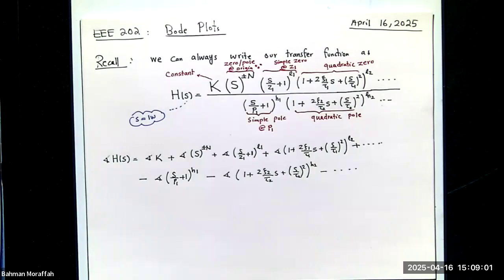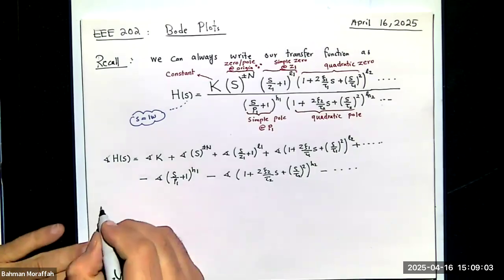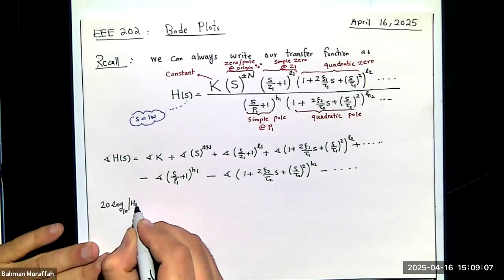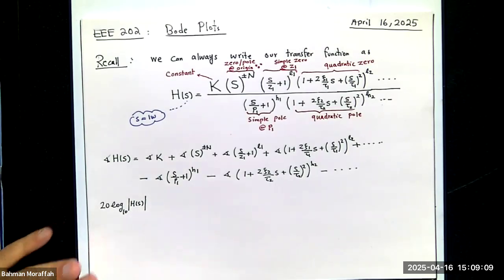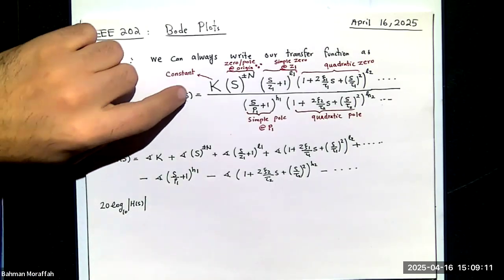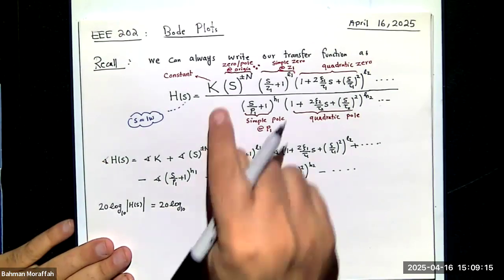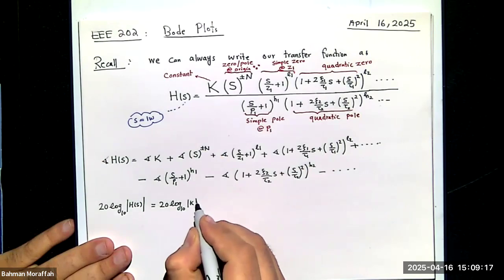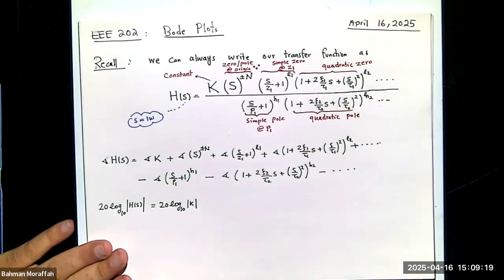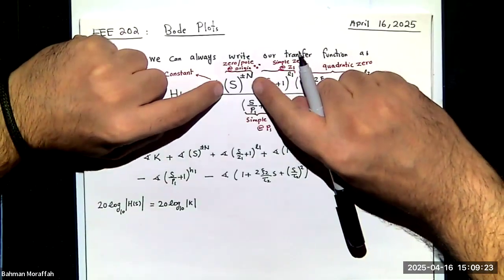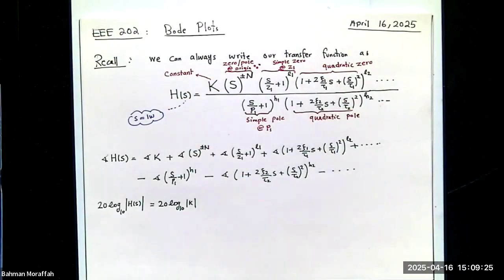So I can find 20 times log 10 of the magnitude of H of S, which is going to be 20 times log 10 of the magnitude of this K, plus 20 times log 10 of the magnitude of this S to the power of plus or minus n.